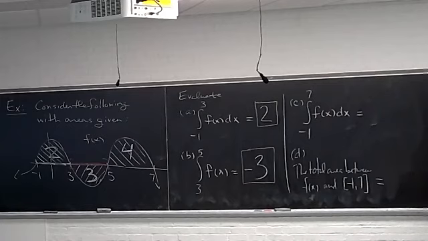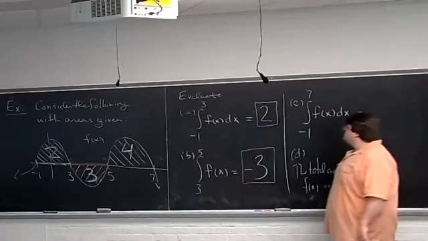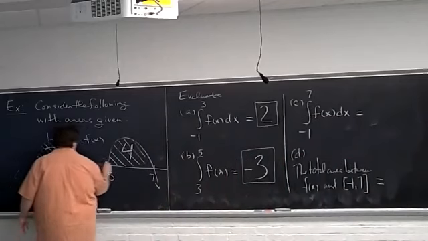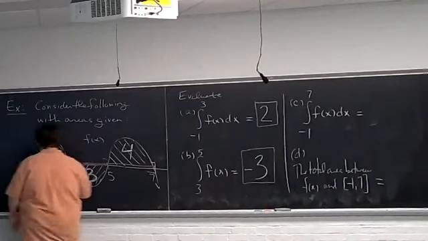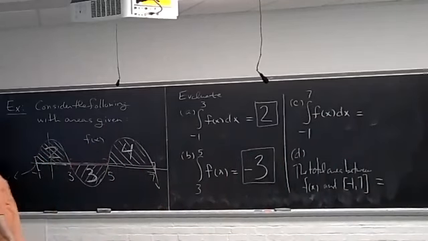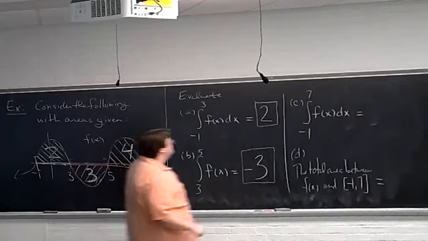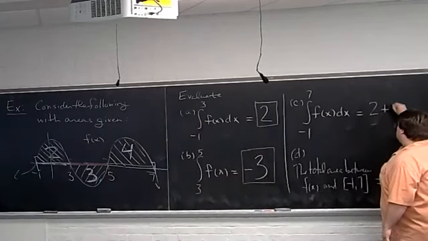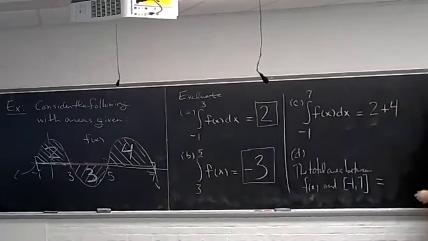Okay, how about part C? Part C says look from -1 to 7, that's everything we have, from beginning to end. What's above the x-axis is considered positive. What's below is considered negative. What's above the x-axis is an area 2 and an area 4. What's below the x-axis is negative, just a -3 there.